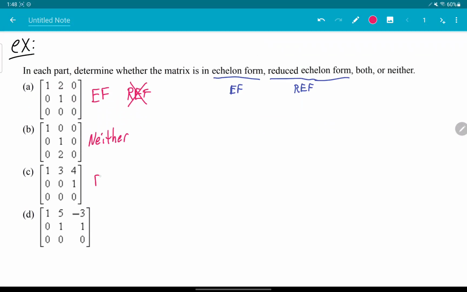Part C, this will be echelon form. Okay, we got zero rows at the bottom. If I circle my leading entries, it's a useful habit, I can see that for each leading entry, the leading entries below are strictly to the right. Okay, so I indeed do have this staircase form happening here.